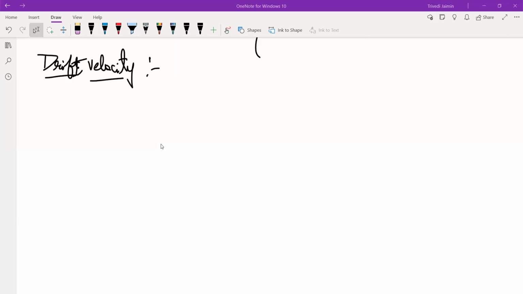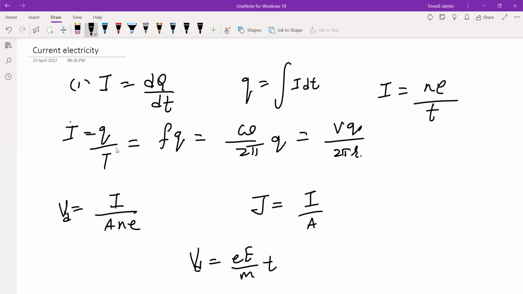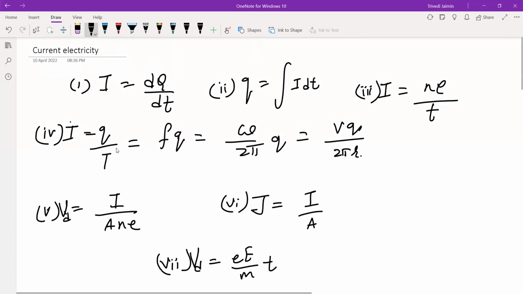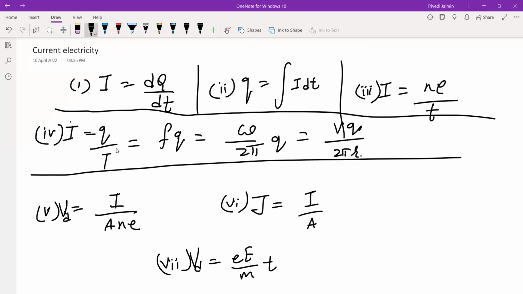So as I already wrote the formulas above, if you have noted these, these are some formulas.